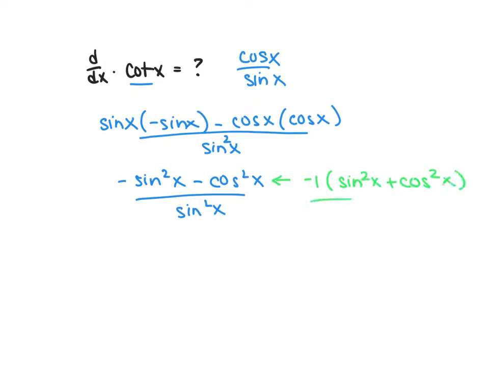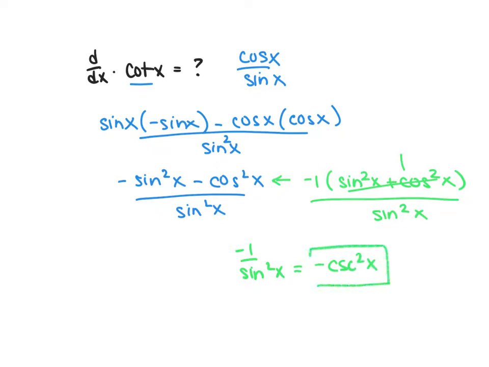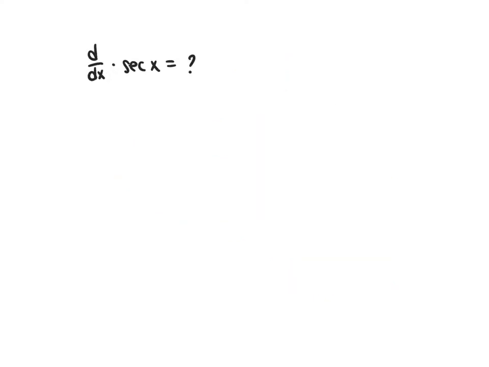So I have that Pythagorean identity. And that's nice because that's equal to 1. So now I have negative 1 over sine squared, which is the same as negative cosecant squared. So the derivative of cotangent is negative cosecant squared.